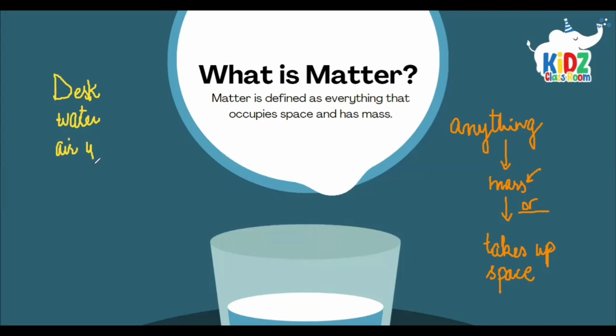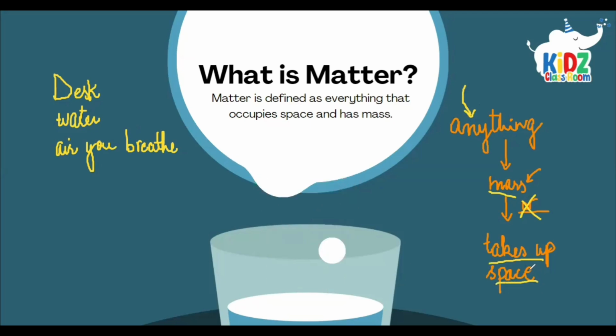The air you breathe is also matter. So what is matter? It is anything that has mass and takes up space. And these are the examples of matter. This was all about matter.